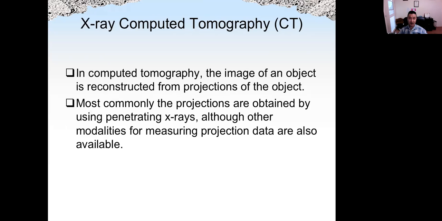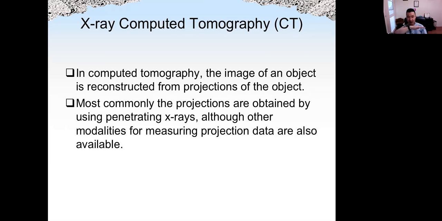Here's another name, which is CT, or computed tomography. We know we can use CT in hospitals. We can use that for concrete also, for research purposes. For computed tomography, the image of the object is reconstructed from projections of the object.